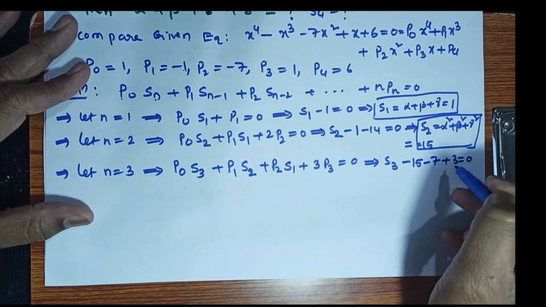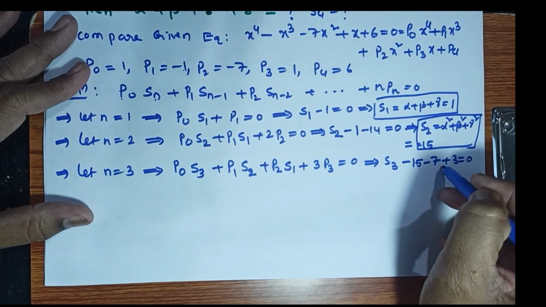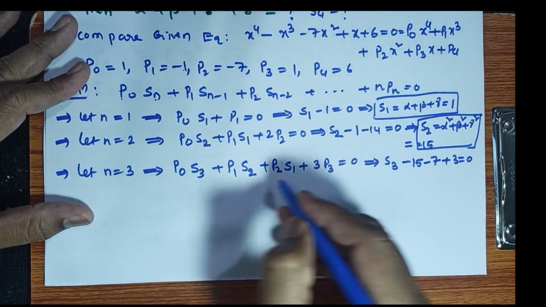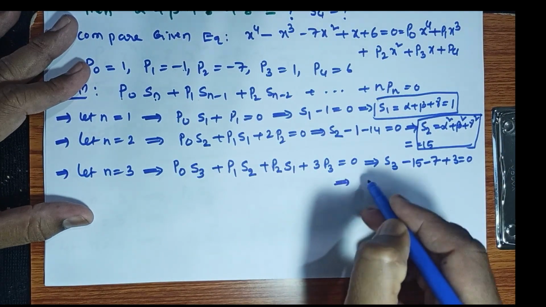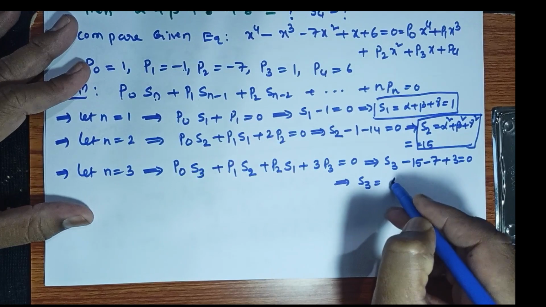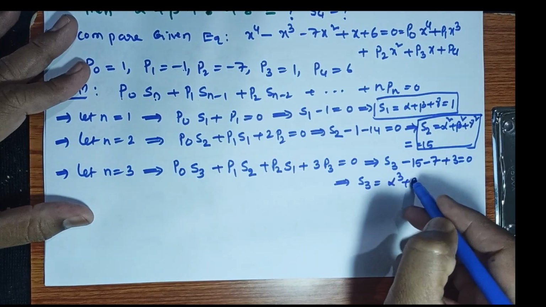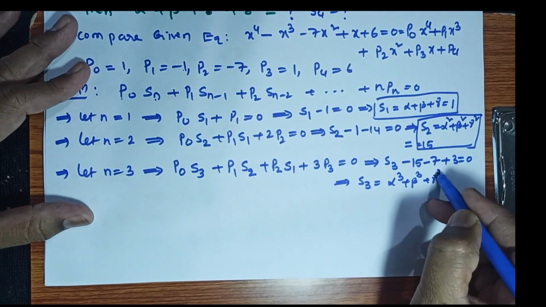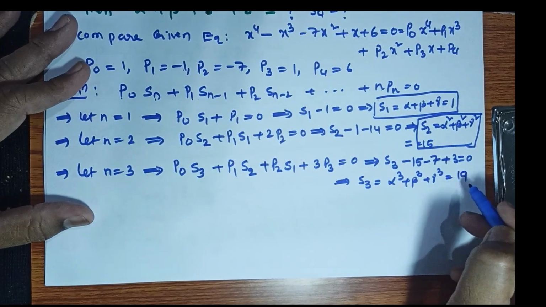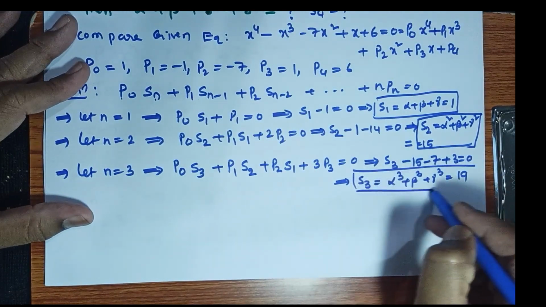So 15 minus 7 is minus 22, plus 3 is 19. So S3 is equal to alpha cube plus beta cube plus gamma cube is equal to 19, is the answer.